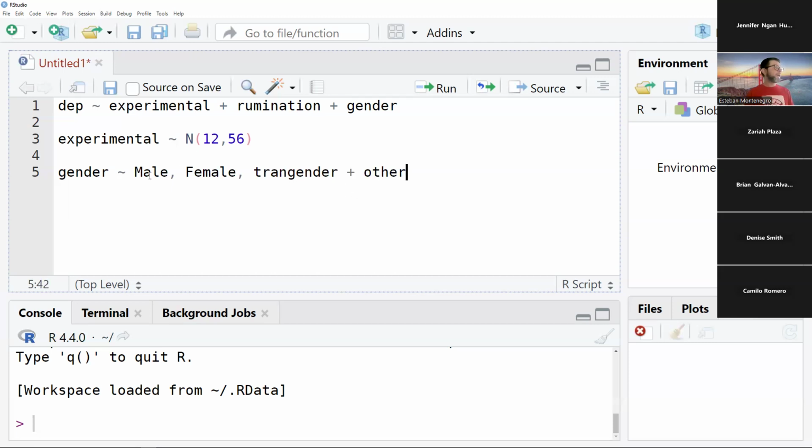So you have four categories, and still you could use it in regression.